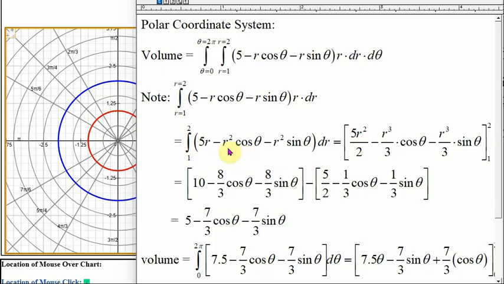Integral for r squared is r to the third over 3, and then same thing here. And then evaluating from r equal to 1 to r equal to 2, we end up with 5 minus 7/3 cosine of theta minus 7/3 sine of theta.